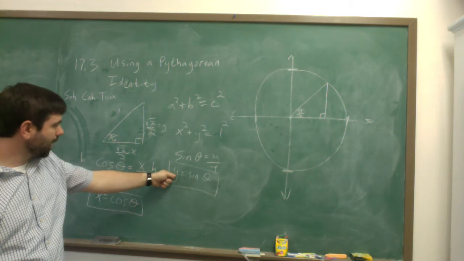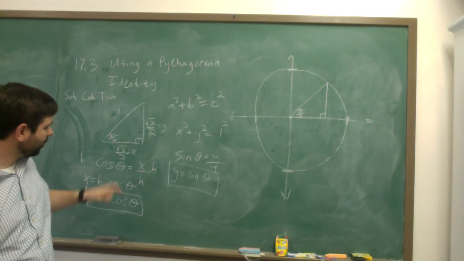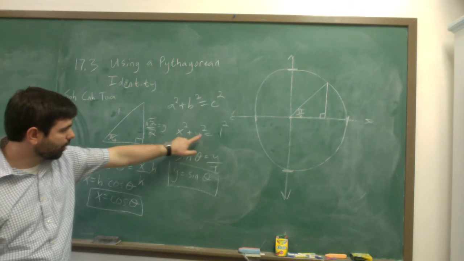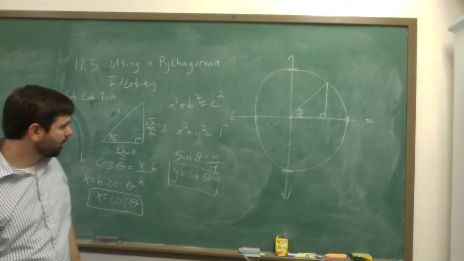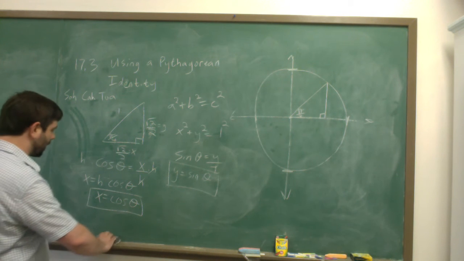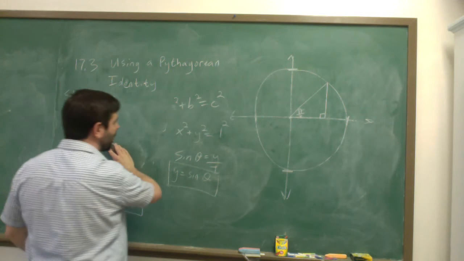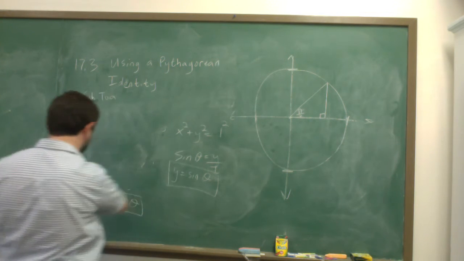Based on these relationships, we should be able to plug in for x and y and still get out 1. Let's give that a try, and then we will apply this to our specific example.